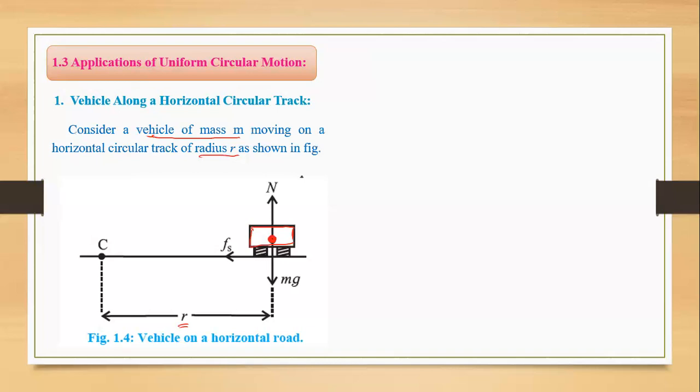Now pay attention, we have to discuss the forces acting on this vehicle. The forces acting on the car or vehicle are: the first force is weight. On any object, the first force is weight, and you can see in the diagram this force is in the downward direction.